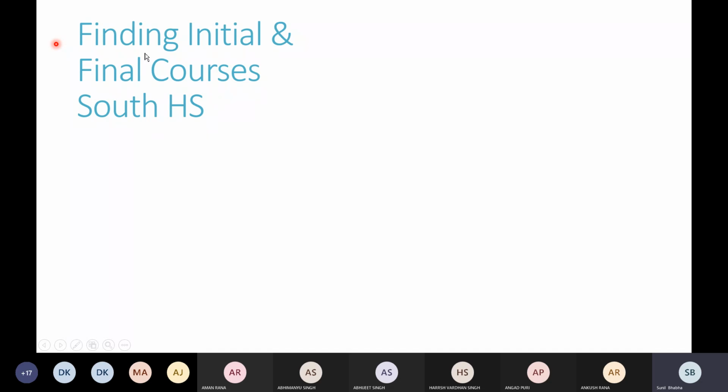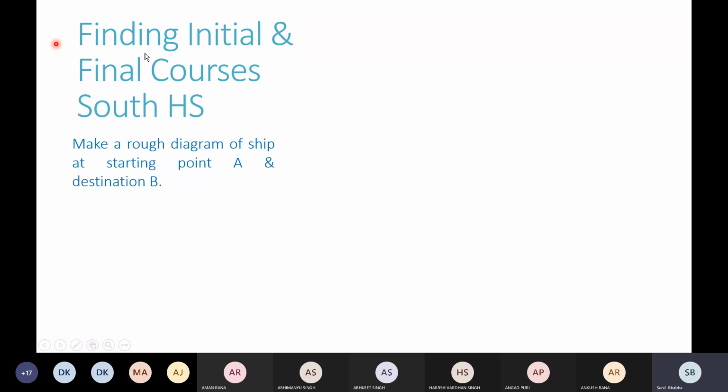Now let's try to see how the method works when the ship is in the southern hemisphere. In the southern hemisphere, let's consider a westerly course and try to make it as complicated as possible.